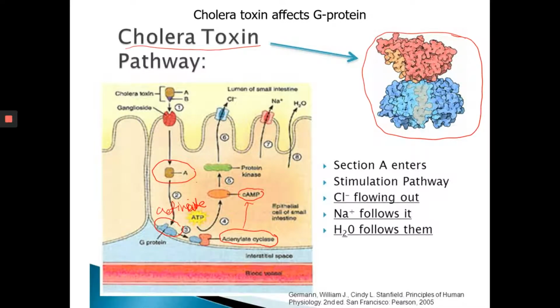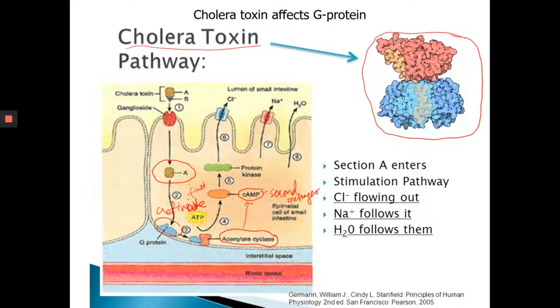This is the first messenger, and then this is the second messenger. And then this second messenger is going to lead to a cascade of a response.